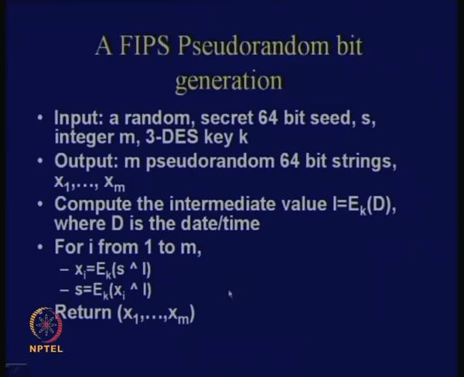The idea behind this, and you can generalize it, is that the ek algorithm uses something called a one-way function. What is a one-way function? One-way functions are functions which are easy to compute but hard to invert. In this case, if you know the value of k, computing ek is quite easy. But if you don't know the value of k, then the assumption is that computing the inverse of this output is a hard, difficult problem.